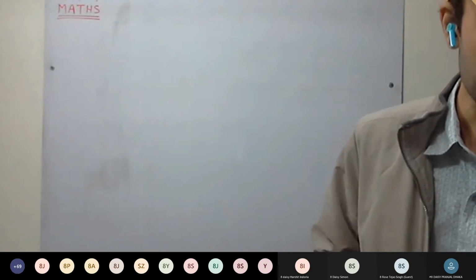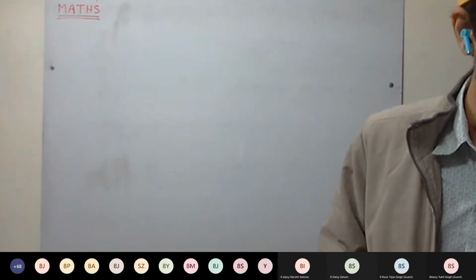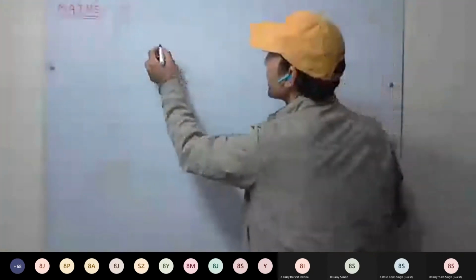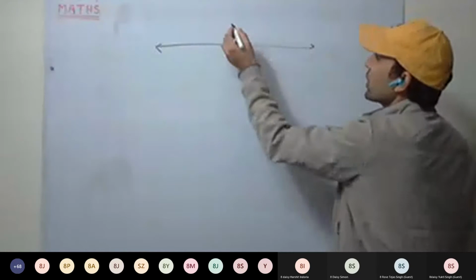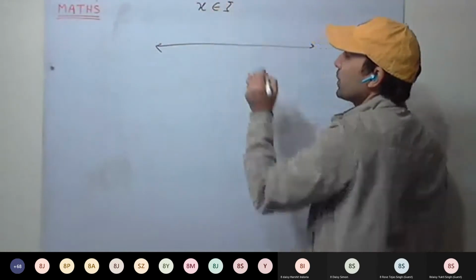Whole numbers, then integers. See once here. If x belongs to integers, what will you be doing?